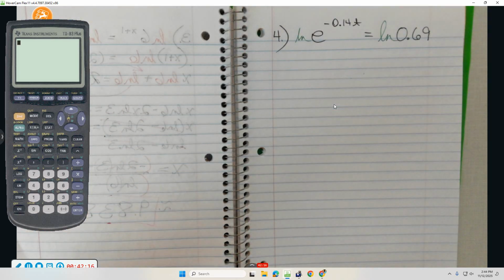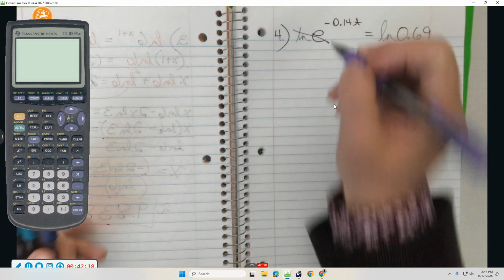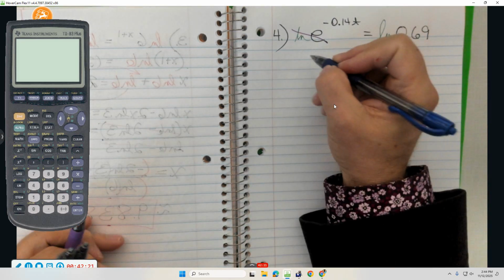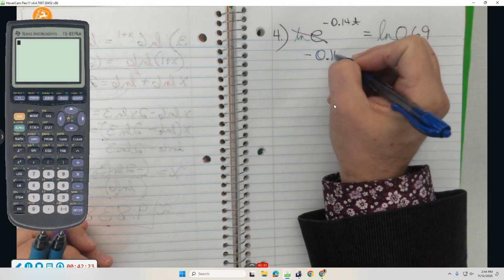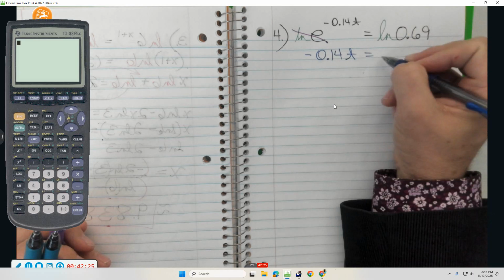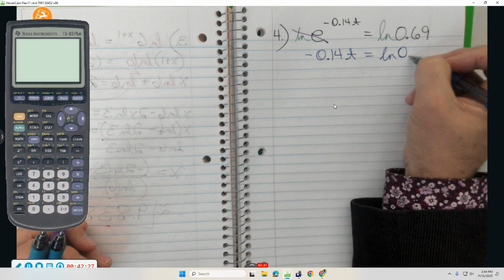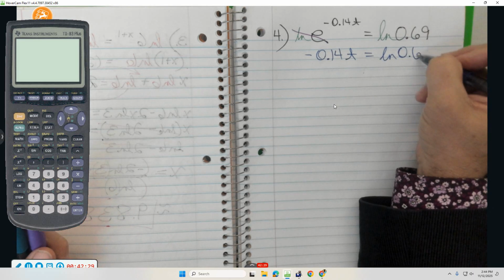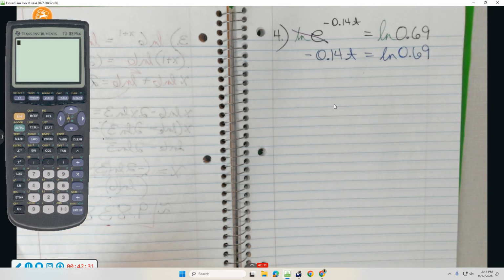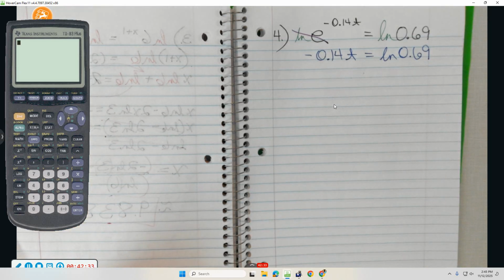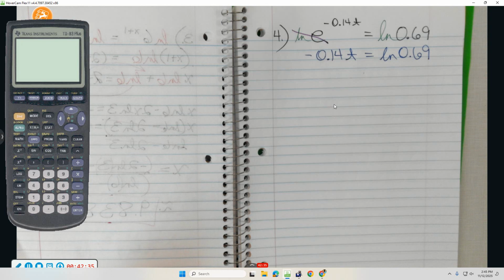So look at this. The ln e cancels out. All we have is a negative 0.14t on the left. On the right, we have a ln 0.69. What do we need to do?